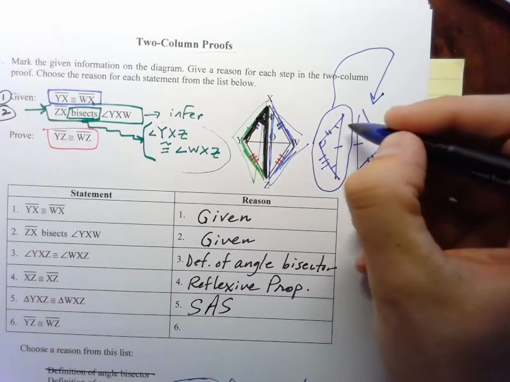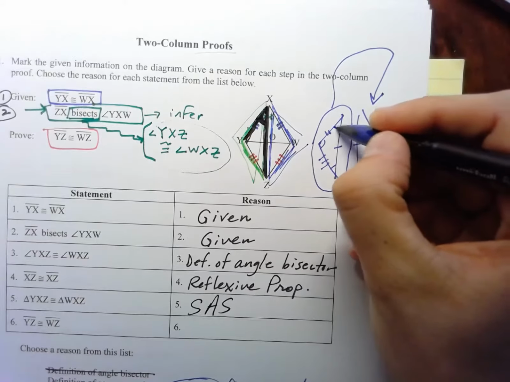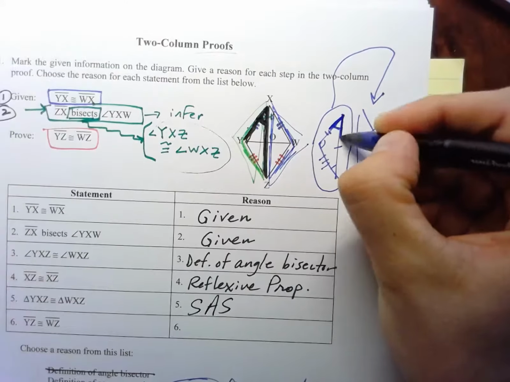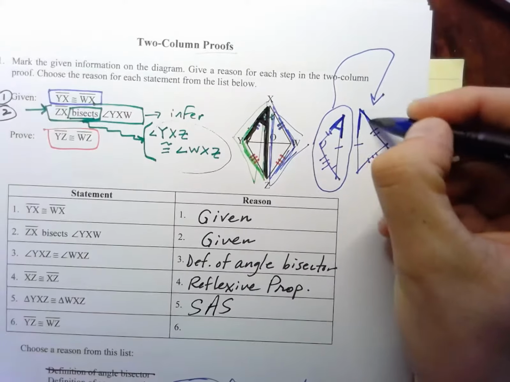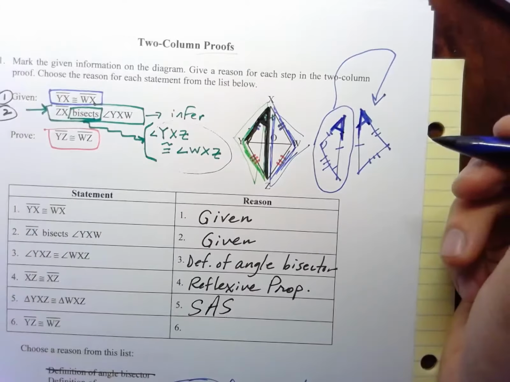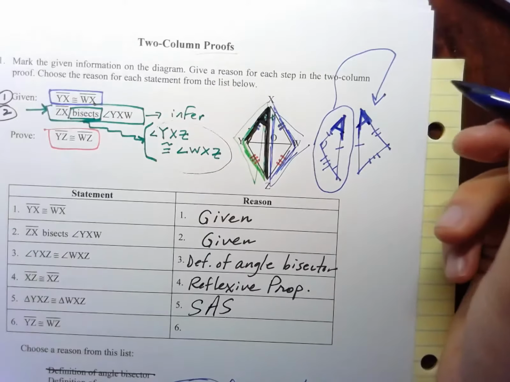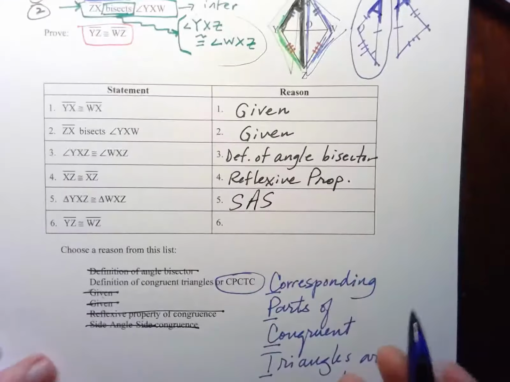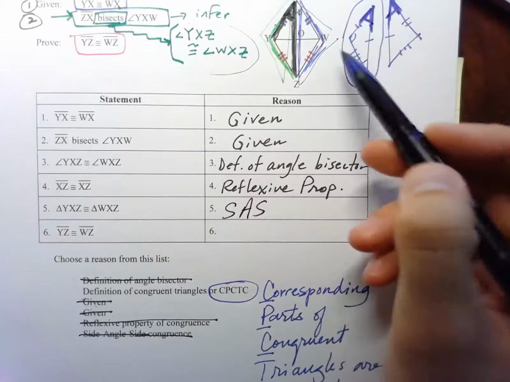And so if this is angle 1 here, that's angle 1, so this has to be angle 1. Those two corresponding angles have to be congruent because the whole triangle is congruent. And the same thing for all the other sides and angles.